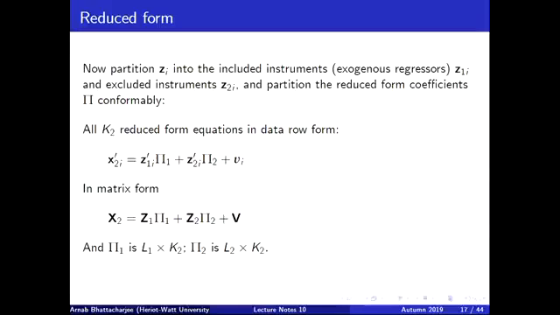Okay? So having partitioned that, we have written this out into two different parts, right? So this one here, they are your included instruments. So these are regressors in your original model, right? And these are the excluded instruments in your original model. Okay, so we are just spreading this out into two parts. Okay?